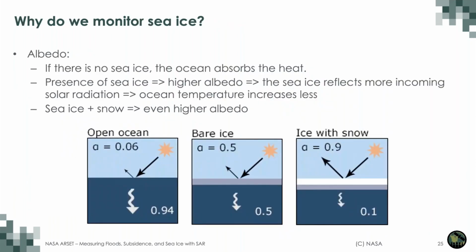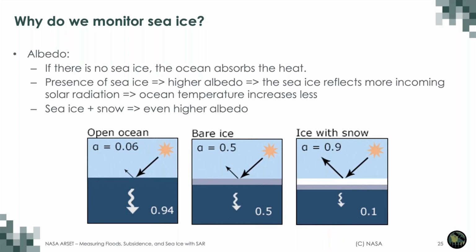So why do we monitor it? One of the first things is that it controls the albedo in the Arctic Ocean. When there's no sea ice, the solar energy is absorbed by the ocean, and if we start adding sea ice, the albedo changes. We have a higher albedo, and the sea ice reflects more incoming solar radiation, and the ocean temperature can increase less.